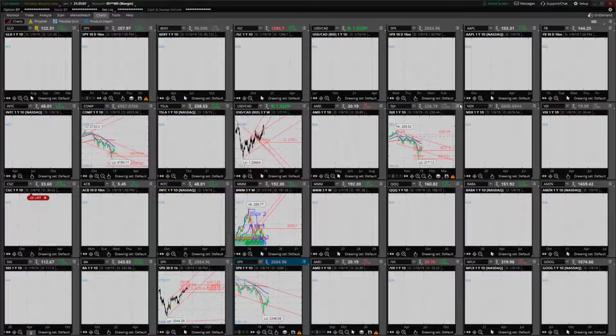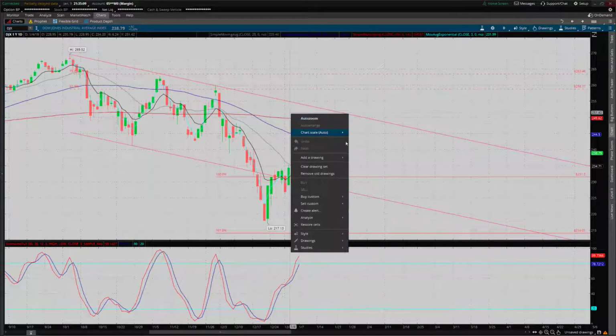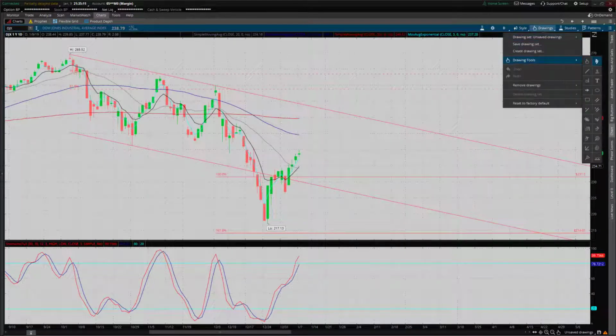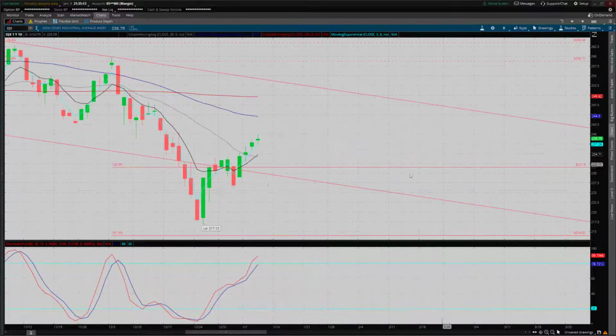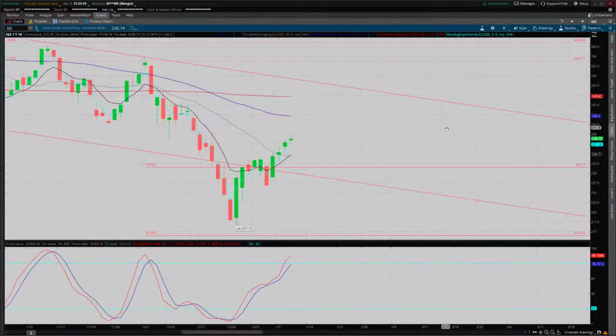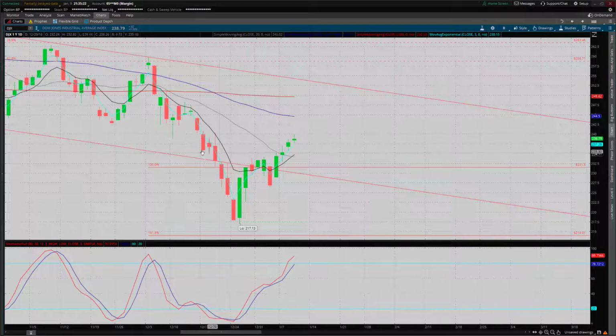Let's go to the Dow Jones Industrial Average. The Dow also had a doji day today. Very much the same message as SPX. We're in the overbought condition on the oscillator. This would be the equivalent level for the Dow for the 4-1 overlap with the new revised wave count.